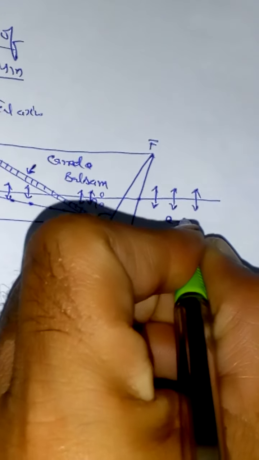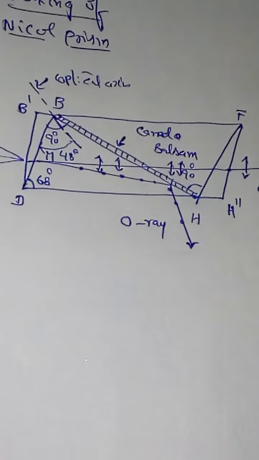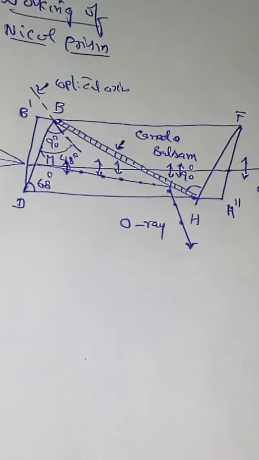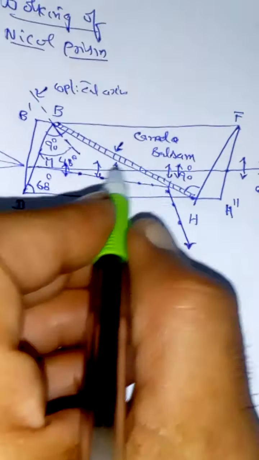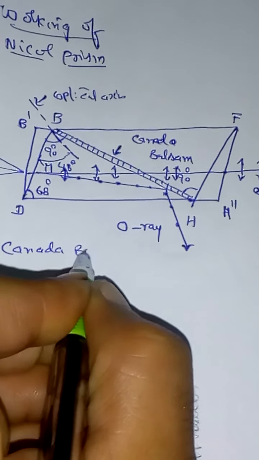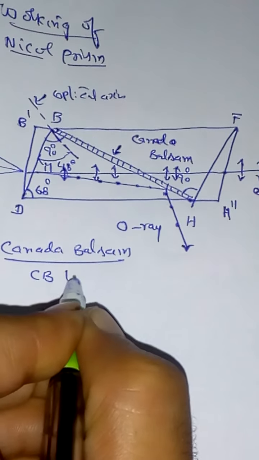This is the E ray, extraordinary ray. Now here you have used a balsam layer, or CB layer we call this.